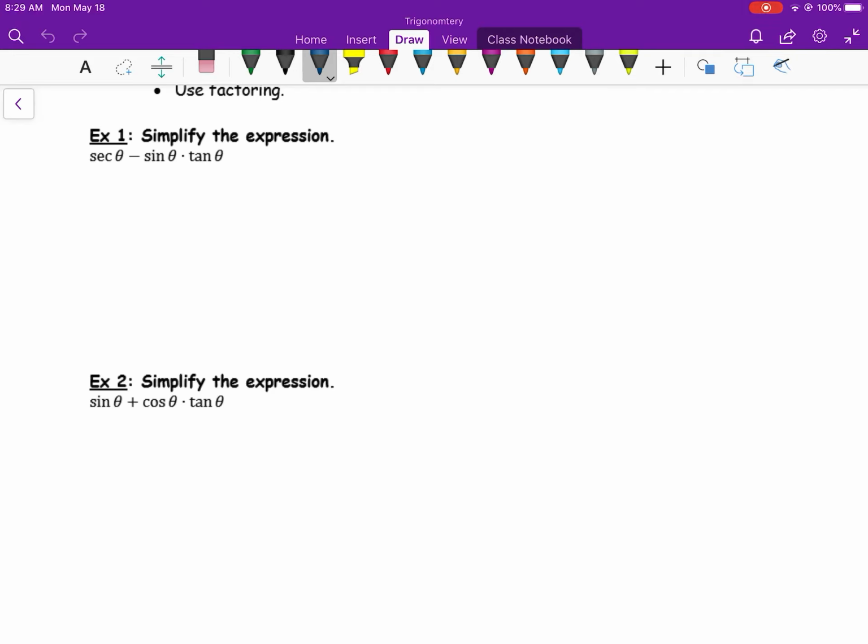All right, so the first thing is secant is the reciprocal of cosine. So I'm going to start off right there. So minus sine theta over 1, and then tangent is sine of theta over cosine of theta. All right, so from here, I'm going to multiply those two together.